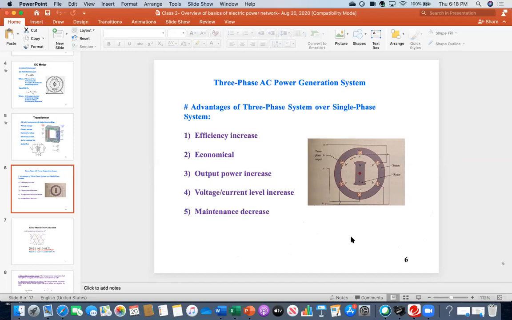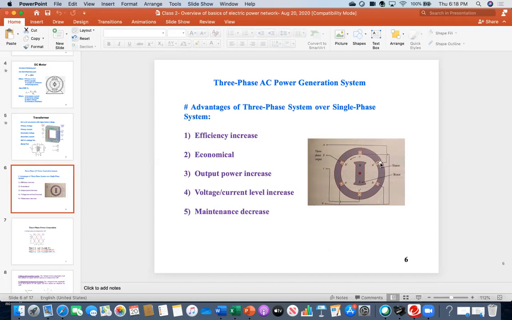You are absolutely correct that if you have 3 sets of arrangement, then you will be able to develop voltage in 3 separate systems. But the question is, will that be economical? That will not be economical, because you have 3 separate arrangements of this type. Then when you need maintenance, you need 3 separate engineers or 3 separate operators.